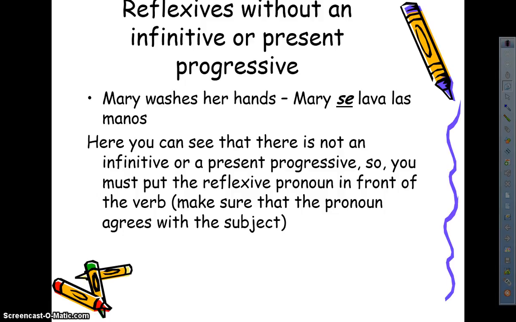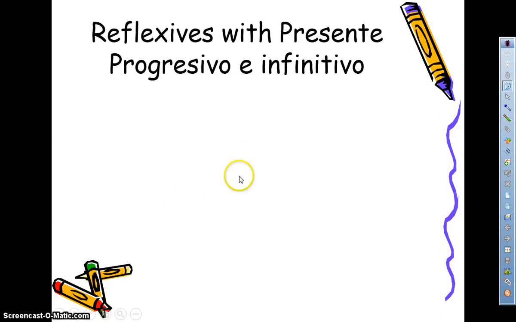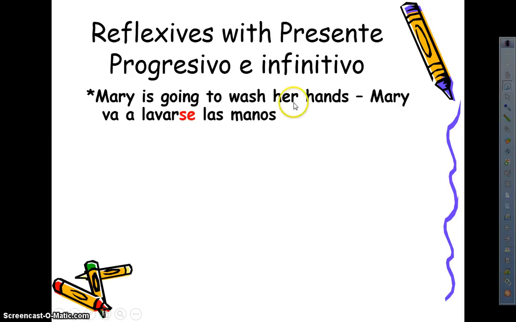Okay, can I go to the next slide? Yes. Okay. Now, reflexives with present progressive or infinitive. Mary is going to wash her hands. Remember your futuro próximo, right? You use el verbo ir, and then your action verb in infinitive, correct?